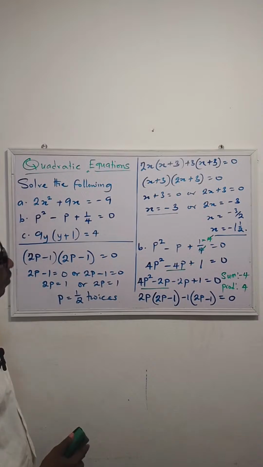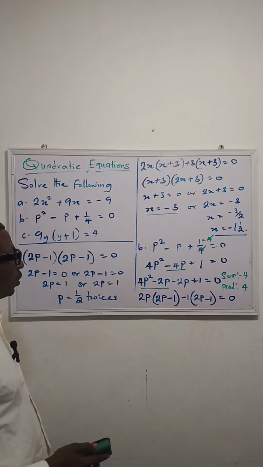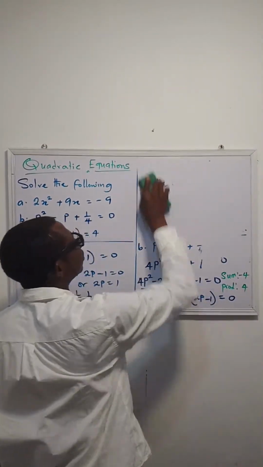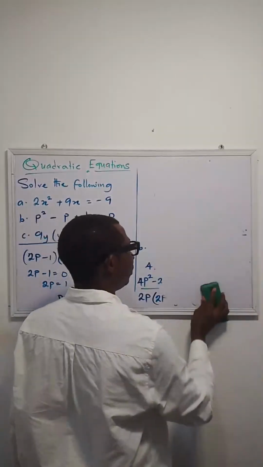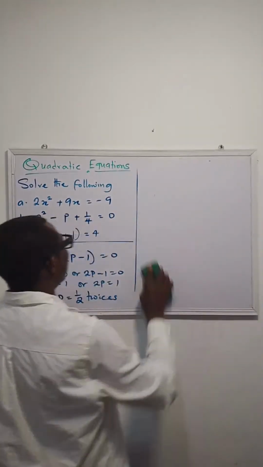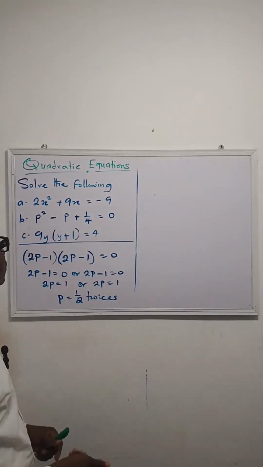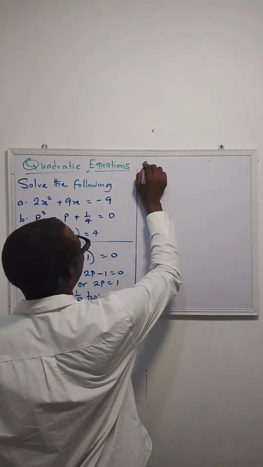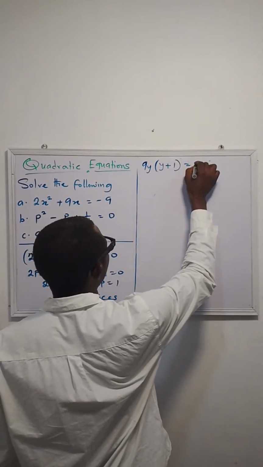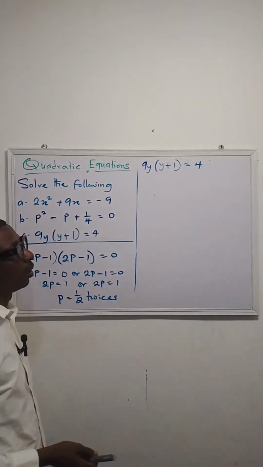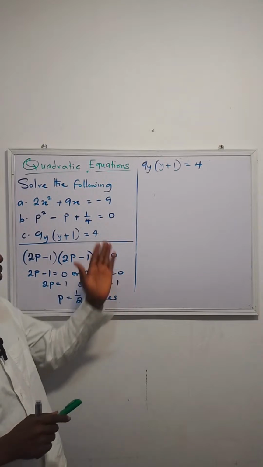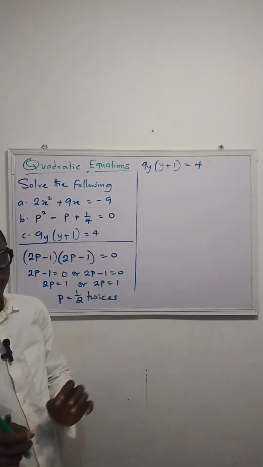And that is the last one for the first phase of this question. Yes, you have to solve 9y times y plus 1 equals 4. Now you are going to do something for me. Look at this one. You need to write something in your book.